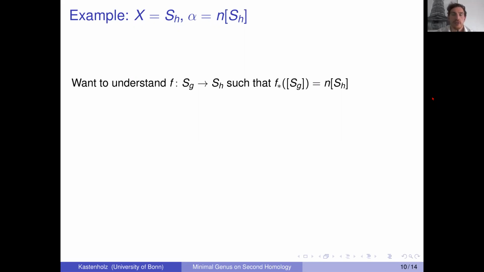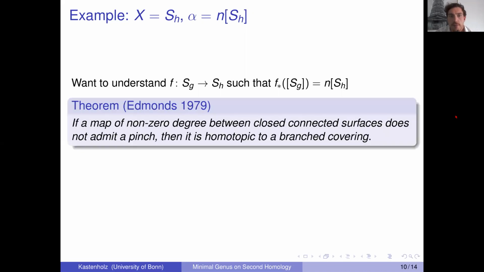Namely, we start with a surface of genus H, and we take a multiple of its fundamental class. A good starting point here is to understand maps from surfaces that have degree n for this fixed n. There is a theorem by Edmonds which tells us that if we have a map of non-zero degree between closed connected surfaces, then it is essentially homotopic to a branch covering up to these pinches.